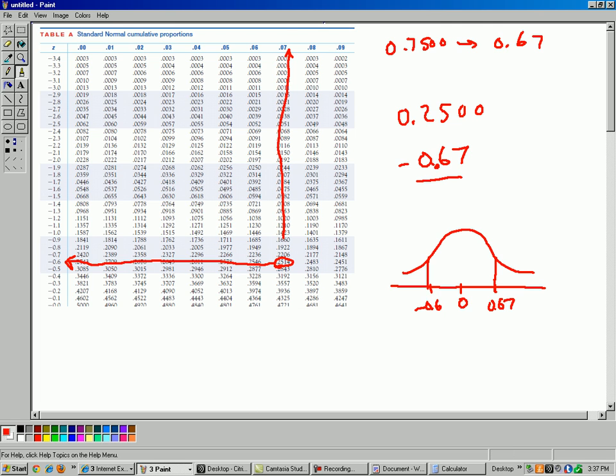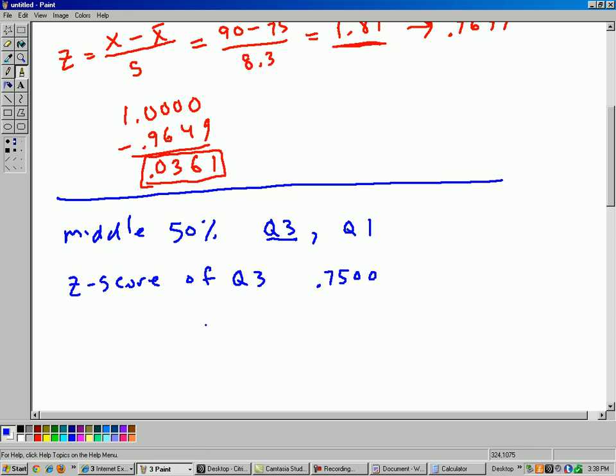Okay, so now back to the original problem. So the z-score for the third quartile, we figured that out. It's positive 0.67. And then the z-score for the first quartile, which corresponded with 0.2500, is negative 0.67.